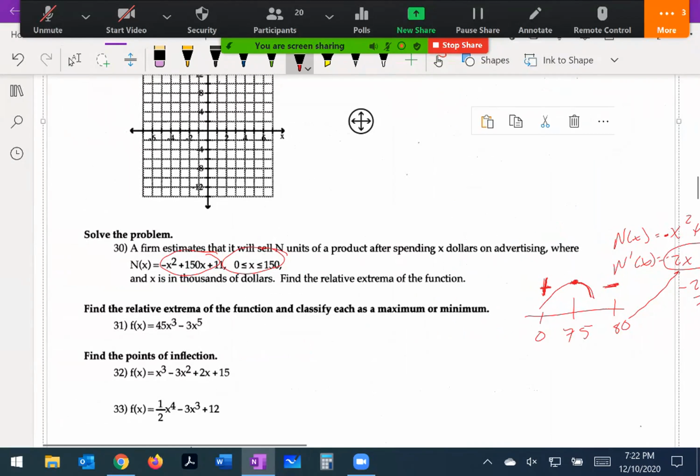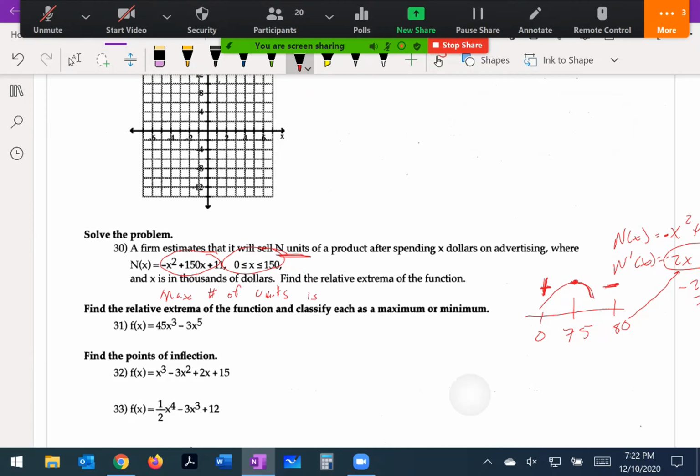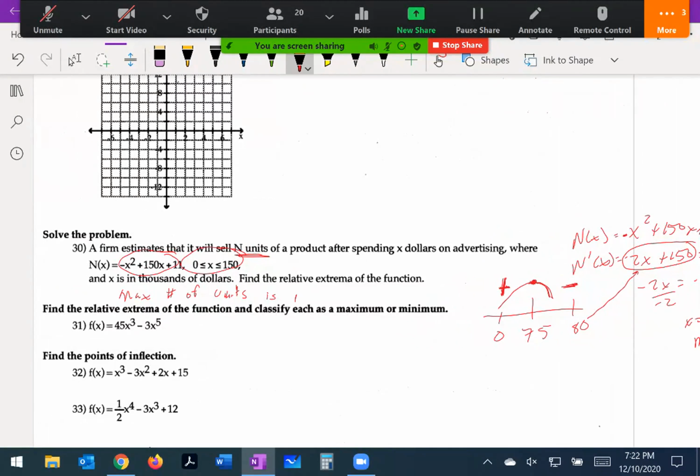We'll sell n units, so this is the maximum number of units. So max number of units is n of 75. If I plug in n of 75, that should give me my maximum value. So that's going to be negative 75 squared plus 150 times 75 plus 11.